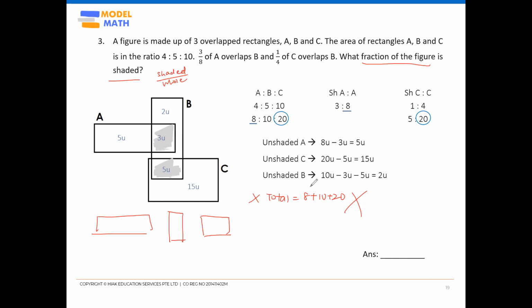Now, of course, some of you will say, okay, let's take 8 plus 10 plus 20 and minus the shaded parts. Now, I agree with that. I don't disagree. However, I would discourage using that method because there are some questions which require you to subtract away the overlap parts twice. For example, there are some questions where they say, I've cut out this portion. It's like a piece of paper and I managed to cut out this portion.